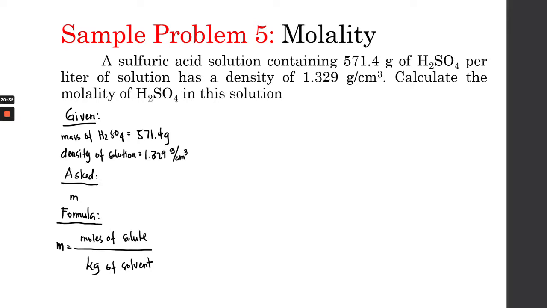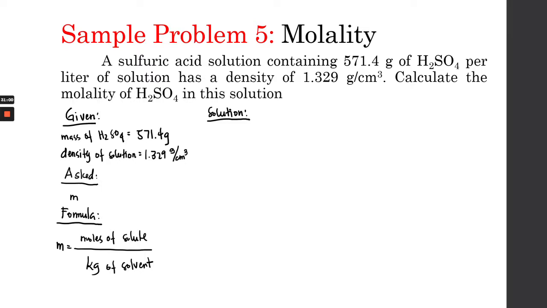Okay, so let's head to the solution. So how are we going to solve this? Well, they gave us the mass of our solute, which is 571.4 grams, but what we don't have is the kilograms of our solvent. So what we need to do first is find the mass of our solvent.